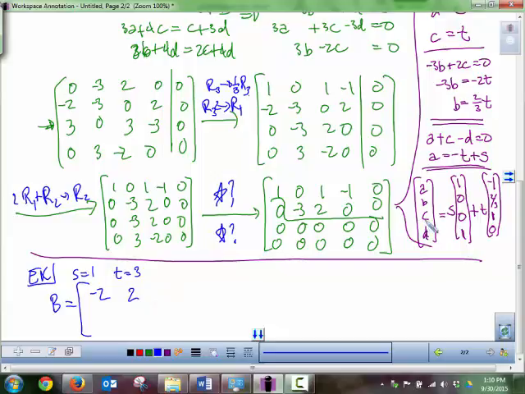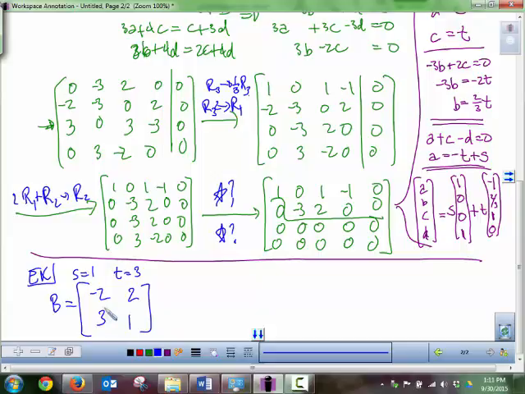C would be 0 plus 3, right? When T is equal to 3, S is equal to 1, T is equal to 3. And then the last one, S is equal to 1, T is equal to 3, but it's multiplied by 0 anyways. So when you multiply this by 1, 2, 3, 4 on either side, the results should equal each other.